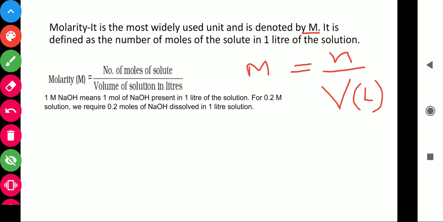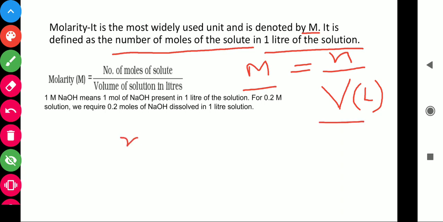Molarity is defined as number of moles of solute in 1 liter of solution. We always keep the volume in liter.